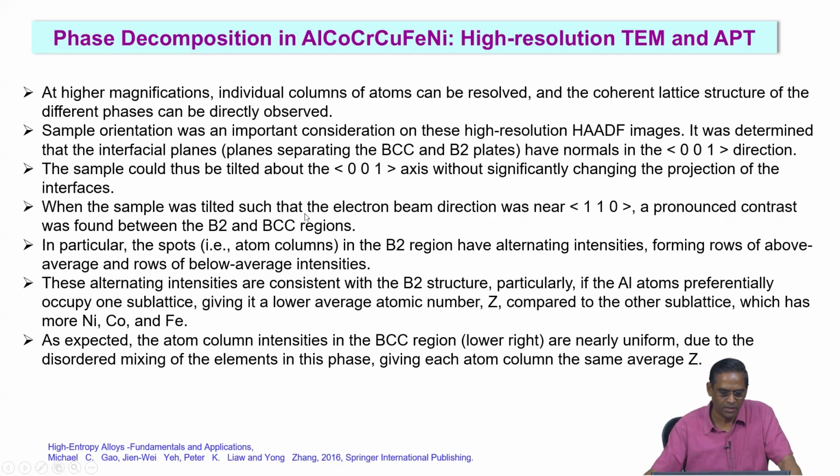When the sample was tilted such that the electron beam direction was near 110, a pronounced contrast was found between B2 and BCC regions. So, why am I bringing up all these pointers? You can always look at the atomic level information in high resolution TEM, but then you need to know the orientation of whatever interface you are interested in.